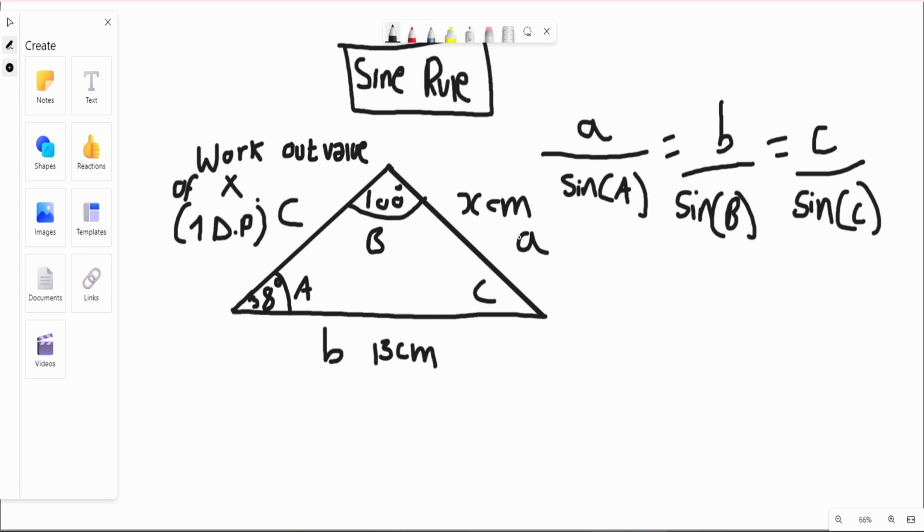So I already labeled the sides and the angles. We will represent X, the side we're trying to find, by A. We'll represent B as the 13 centimeter side, and C as the side we are not given.